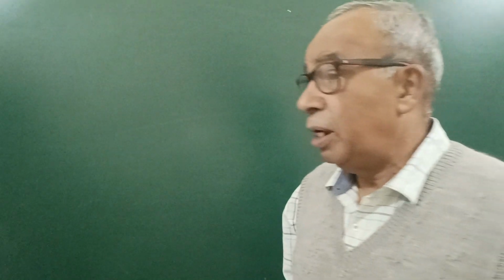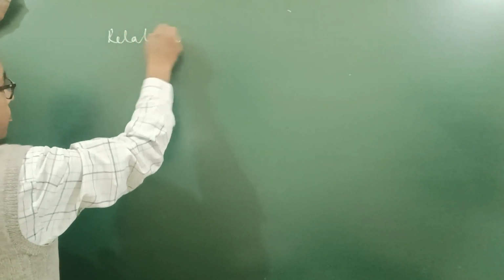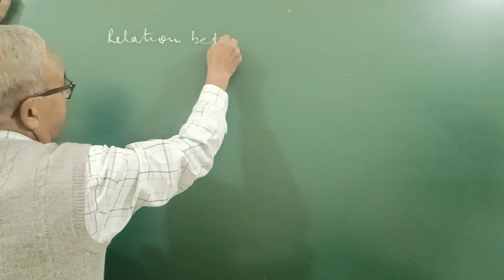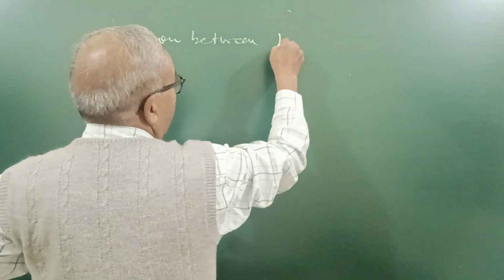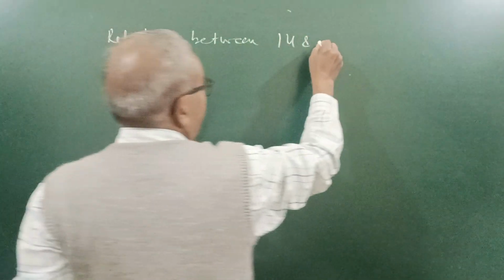Now, in the early time, mass and energy were different physical quantities, but Einstein proved that mass is also a form of energy. So the relation between 1 U and MeV.